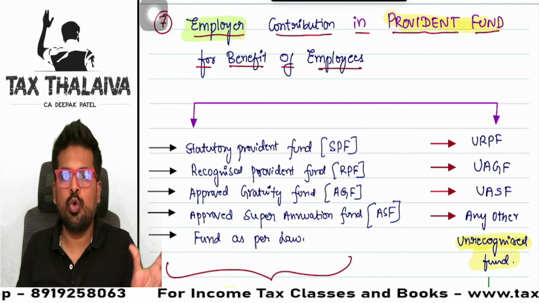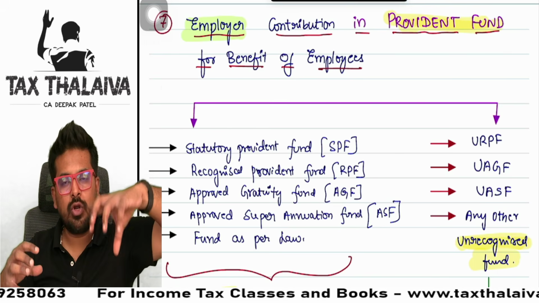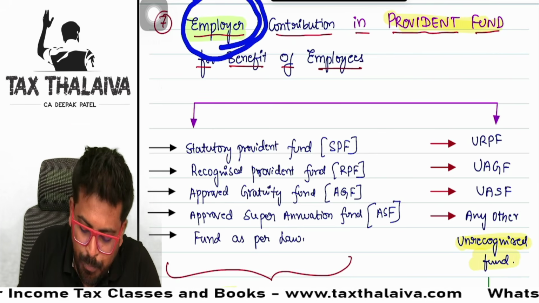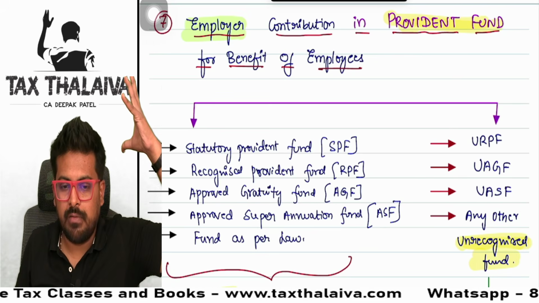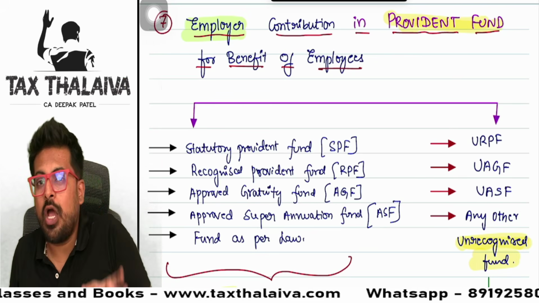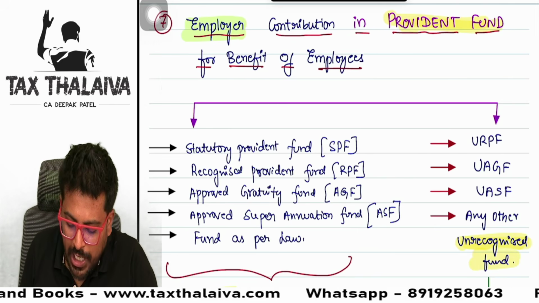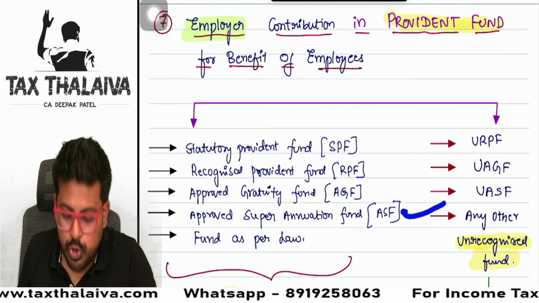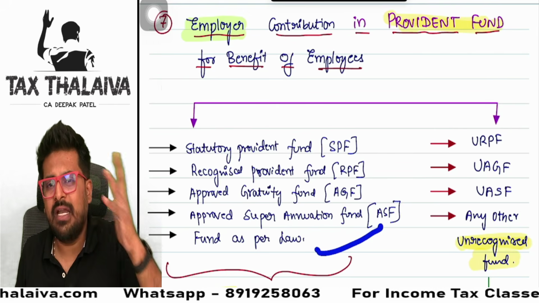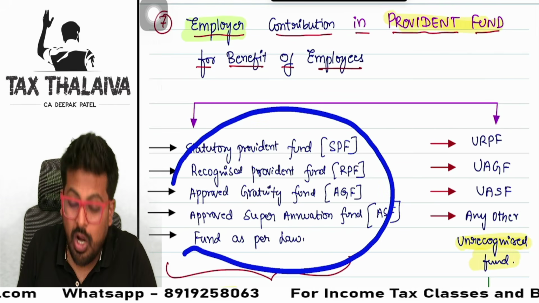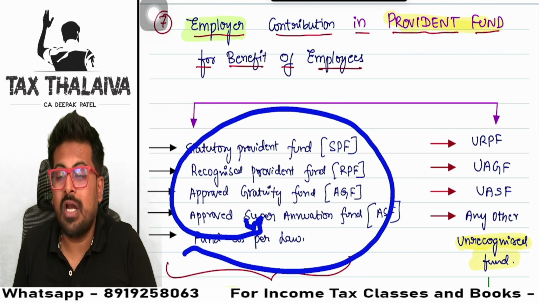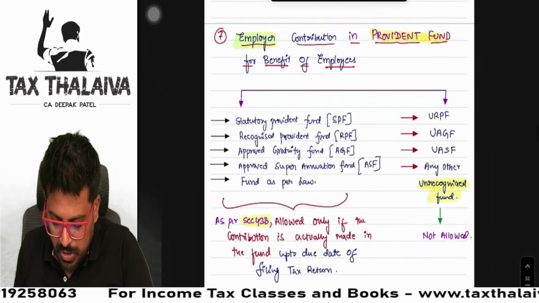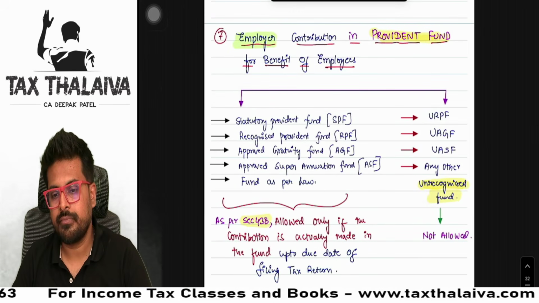Employer contribution to provident fund for the benefit of employees. Guys, you know very well, there are two kinds of contribution: employer contribution and employee contribution. What I am going to discuss here is the employer contribution from his own pocket. If the employer contributes to a statutory provident fund, recognized provident fund, approved gratuity fund, approved superannuation fund, and any fund as per law, these are all approved or statutory, in that case they are allowed subject to section 43B.